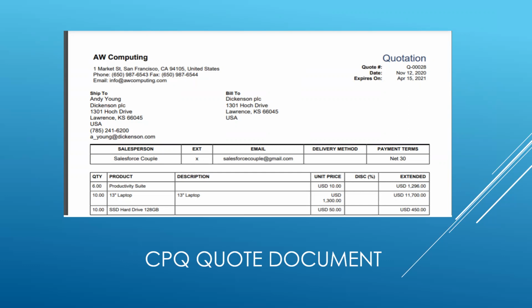The second thing, bill to and ship to: we only need to fill the fields and it will show here. The quotation details are also dynamic, but these can easily be pulled into the quote document. Then for the product section, we can use an HTML or VF table.